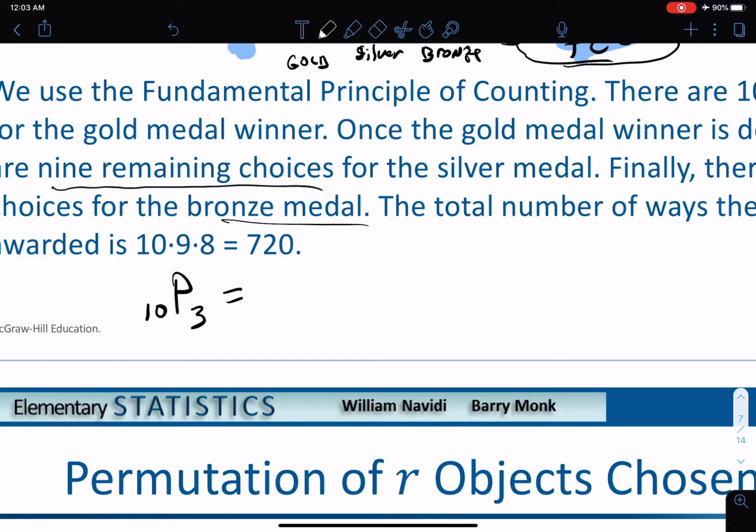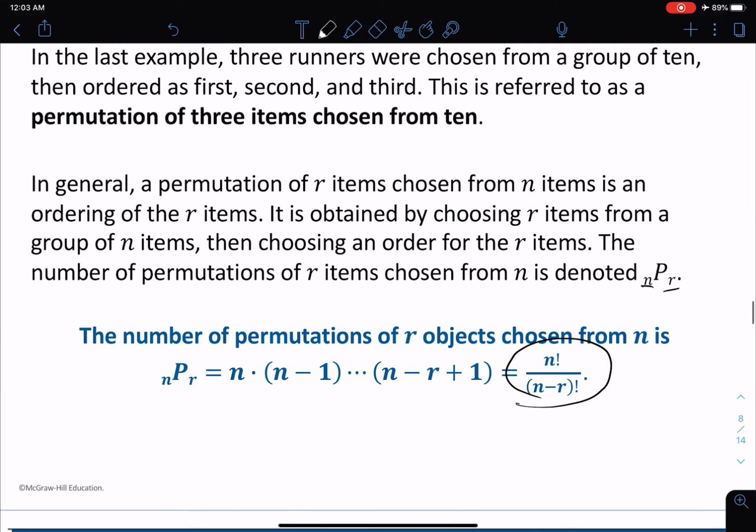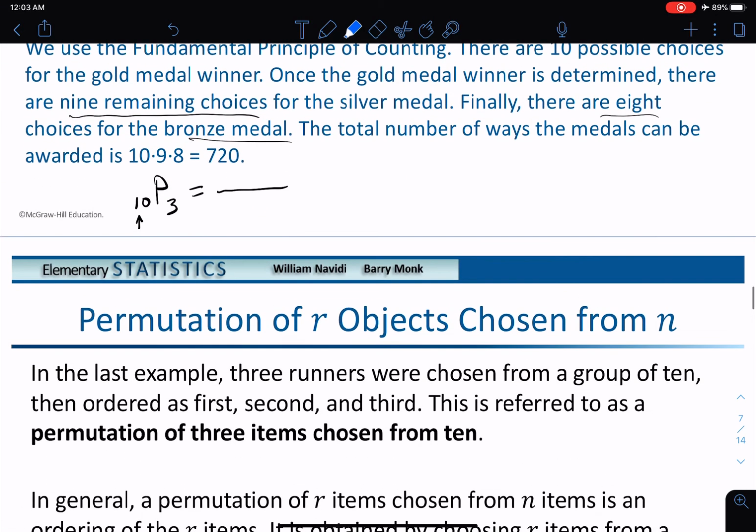The formula says that the first thing we do is we take this n value. Let me go back to the formula so you can see it. It is n factorial up top. Remember, n is the total number of things we're choosing from. So that goes up top. The formula says you take 10 and you have to take 10 factorial.